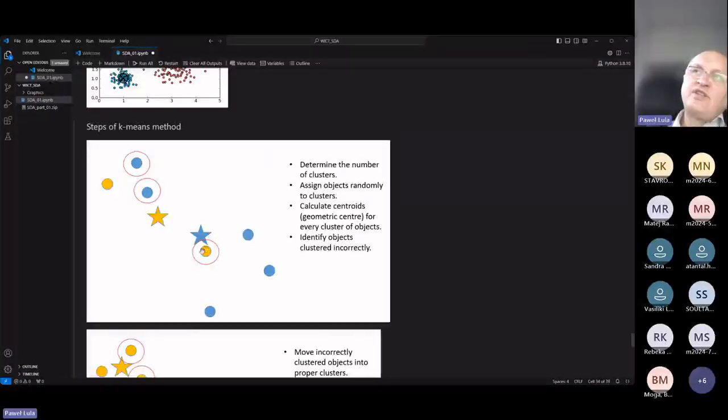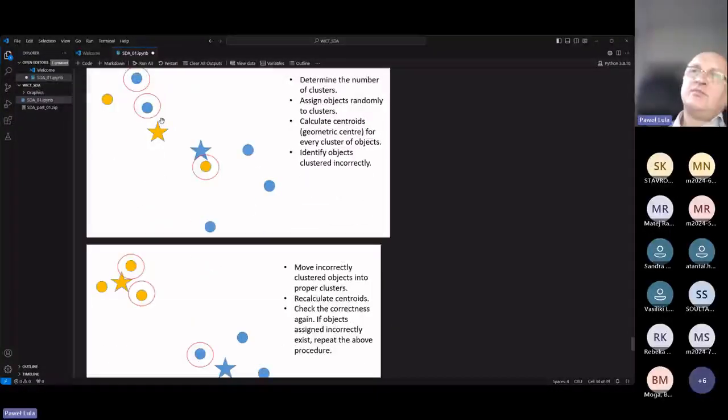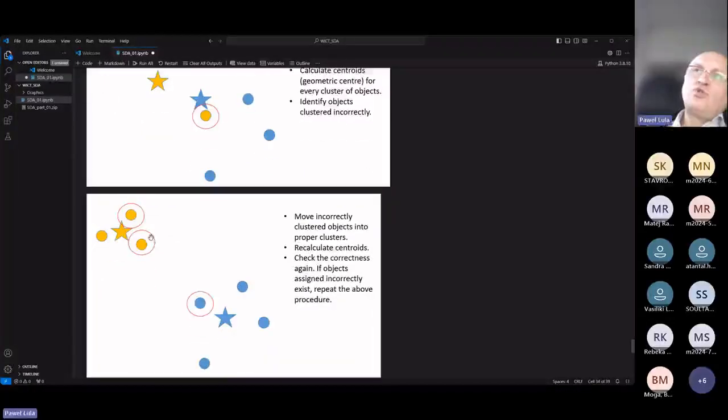So these objects which were assigned in an improper way are marked here using these red circles. And for these marked objects, we should change the way in which they were assigned.